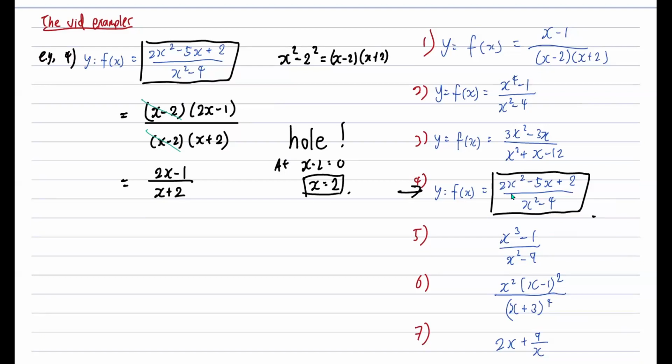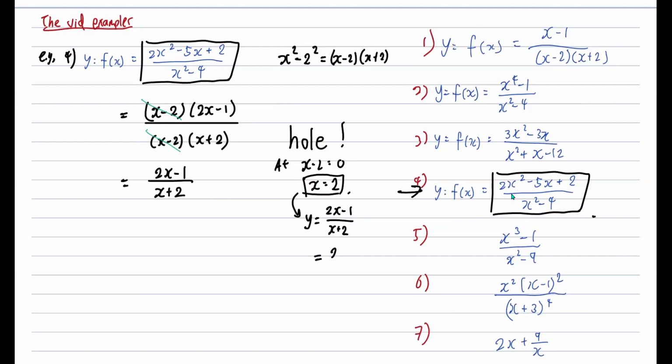A hole happens when you can cancel off common factors, but you follow the same procedure of equating the denominator factor to 0. But you must find the corresponding y coordinate. So what's the corresponding y coordinate? You use the remaining function, 2x minus 1 over x plus 2.